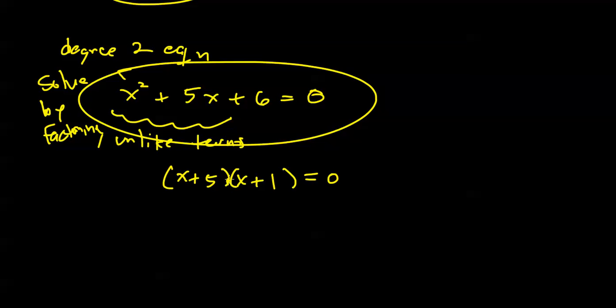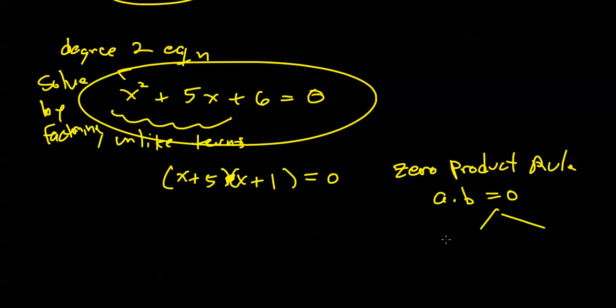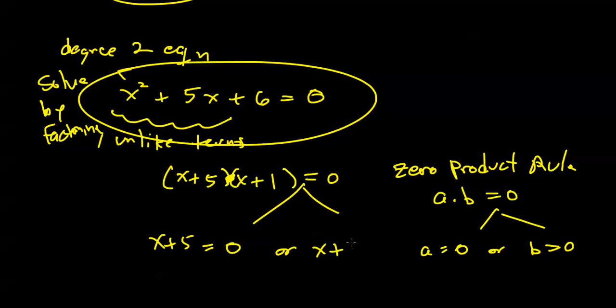And notice now I've got a product of factors equaling 0 on the left-hand side. I can invoke what I call my zero product property, which says if you've got a product AB equaling 0, then either A equals 0 or B equals 0. So what I can do is take each of those factors and individually set them equal to 0.